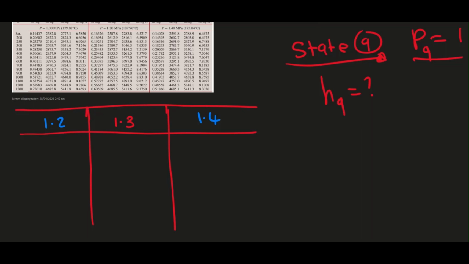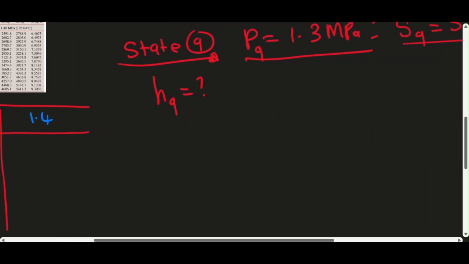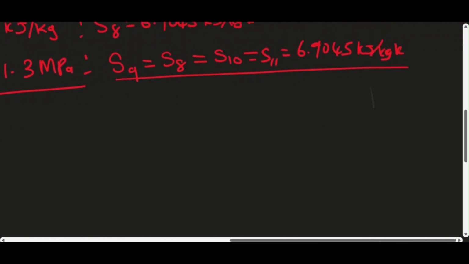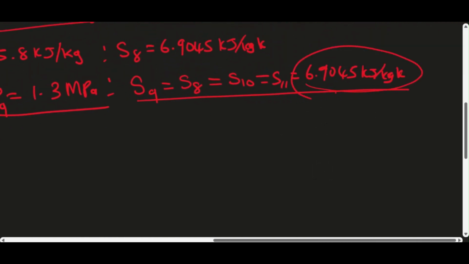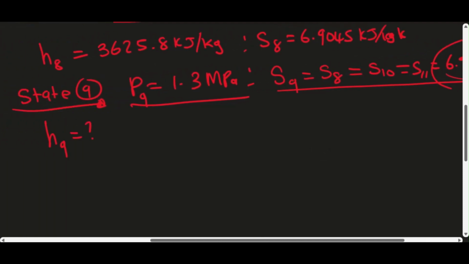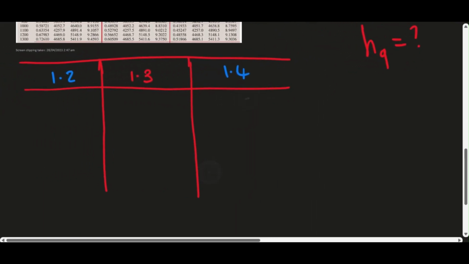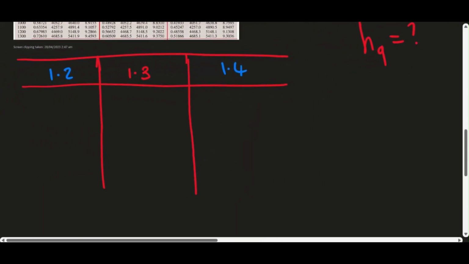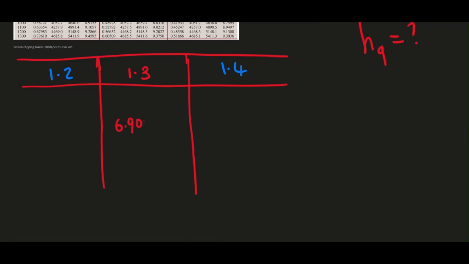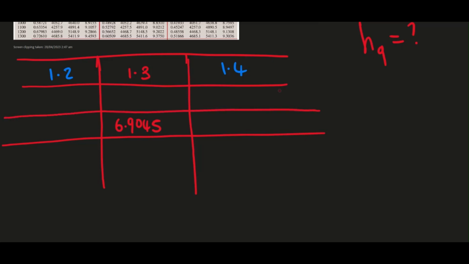Okay, so what else do I have? I have entropy. I'm looking for 1.3 at the given entropy of 6.9045. So I can run this across to the other pressure regions.